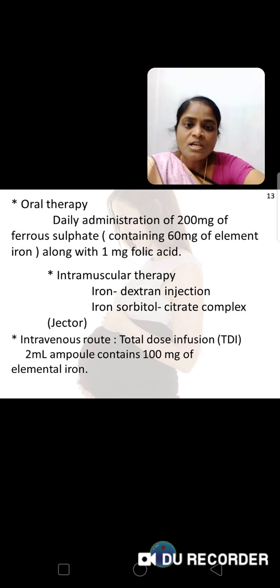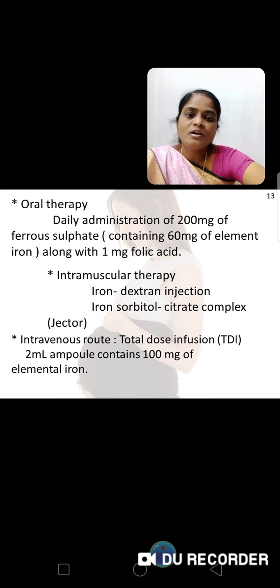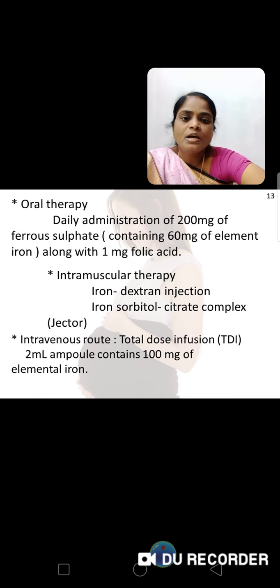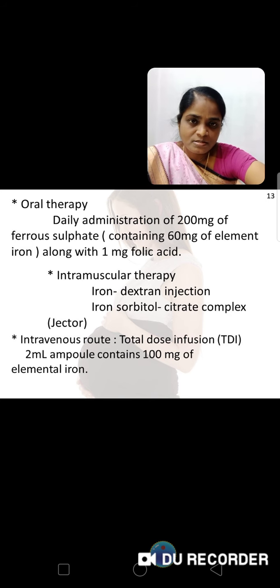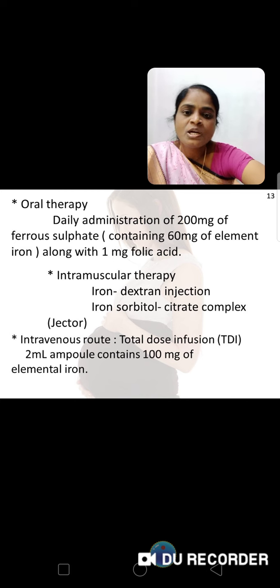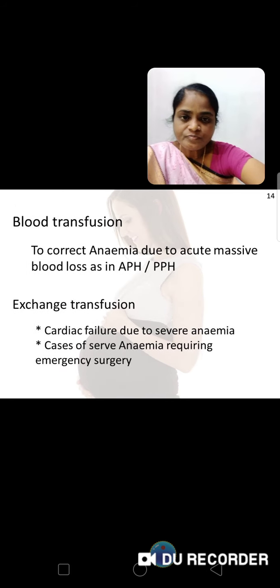So intravenous iron sucrose injection. Frequently and periodically we give these intravenous infusions in the primary health center itself. This is one of the methods of treatment for anemia.